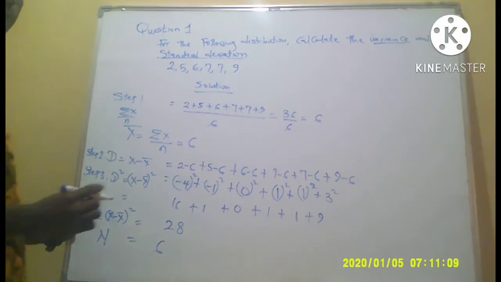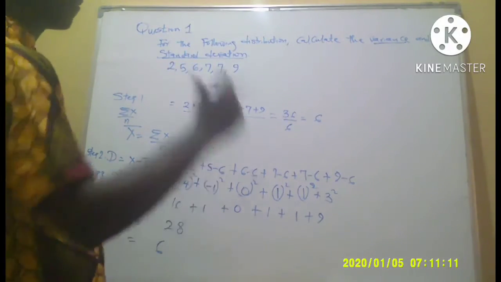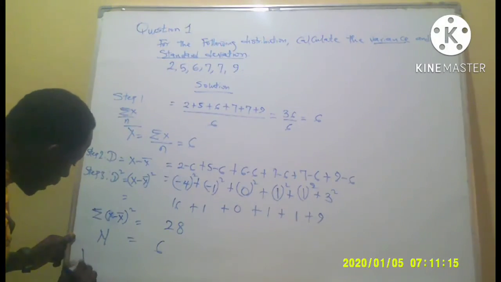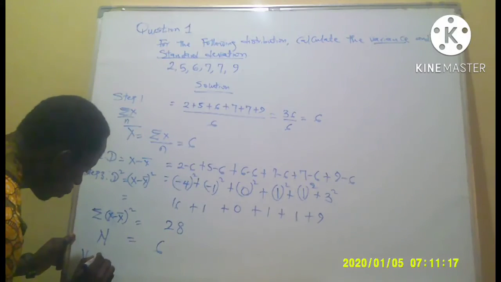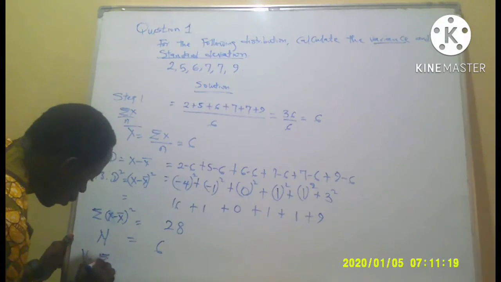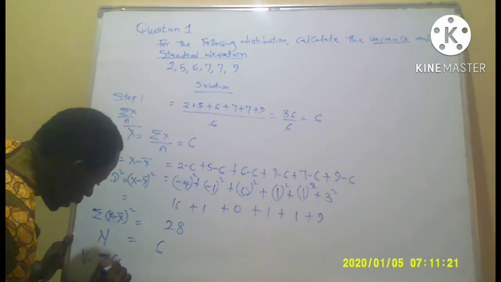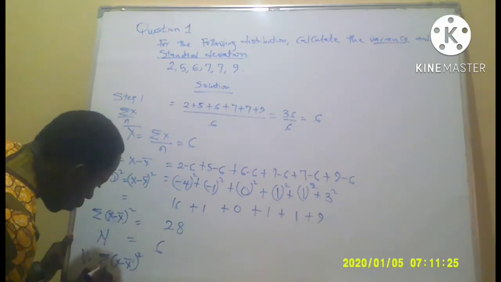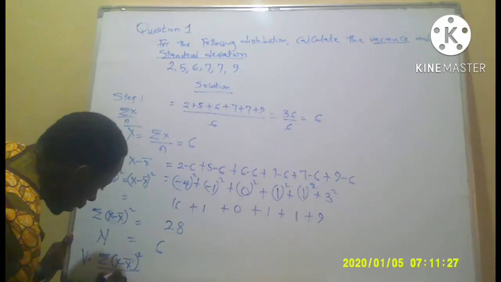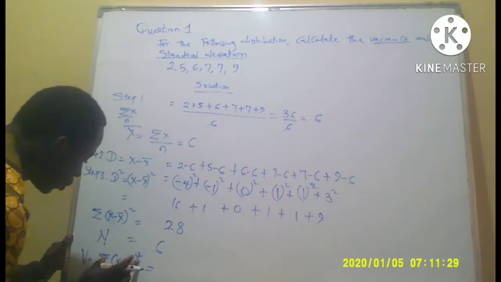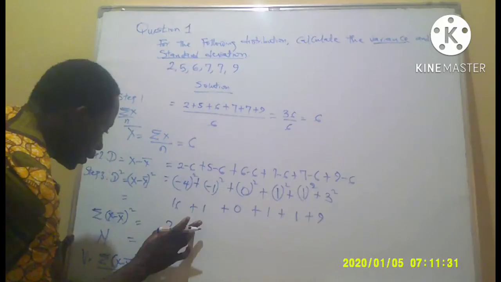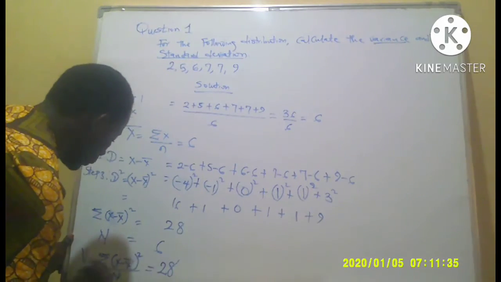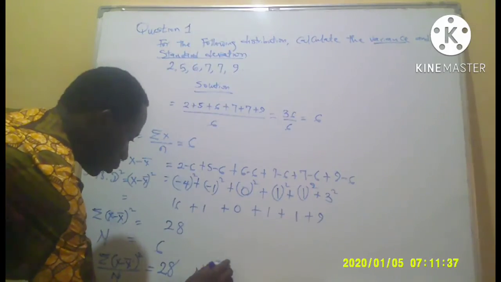So what's the formula for variance? If you watch our previous video, you will recall that our variance is equal to the sum of x minus mean, all squared, all over n. What is the sum now? We got 28. What is our n? Our n is equal to 6.